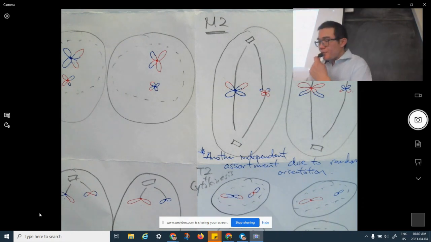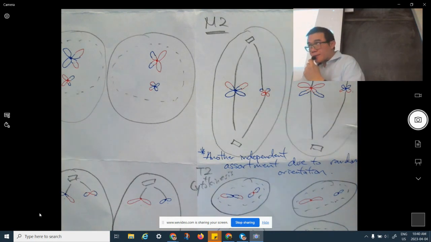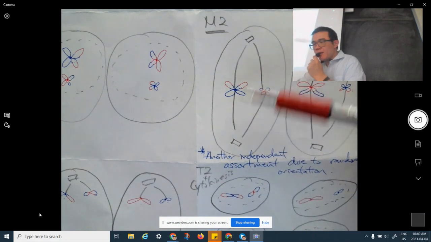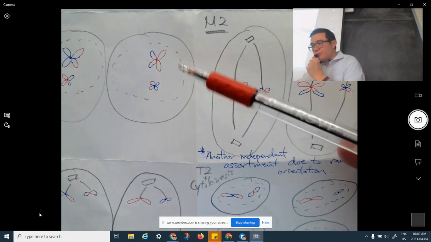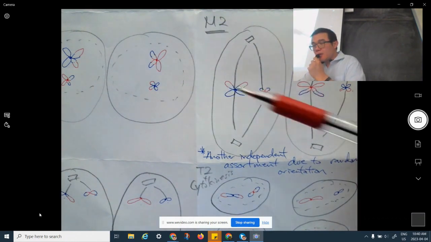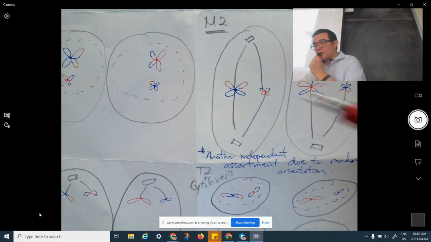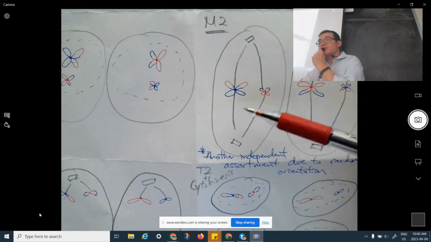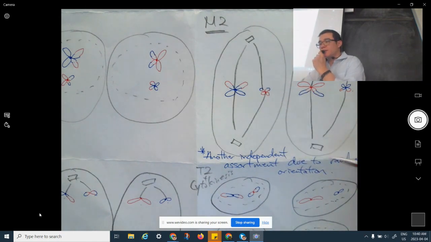Okay. So I'm just gonna talk about this part here to give those of you still catching up a chance. Here in metaphase 2, these chromosomes are lining up again along the equatorial plate, along the equator. Again, the orientation of these chromosomes is completely random.